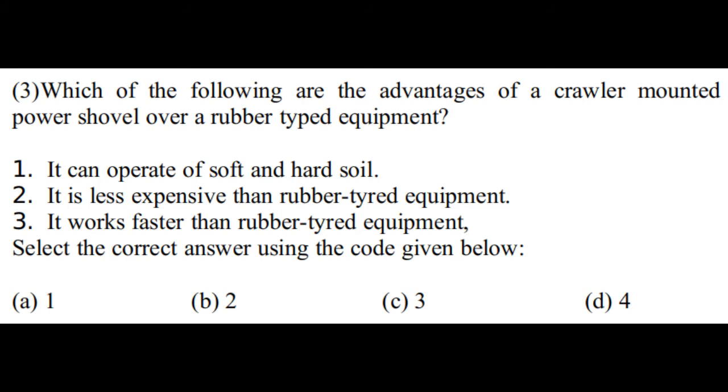Option A 1, option B 2, option C 3, option D 4. The correct answer is A and B, that is statement 1 and statement 2 are correct. The advantages of a crawler mounted power shovel are that it can operate on soft and hard soil, and it is also less expensive than rubber tired equipment. So here you have to mark both option A and B.